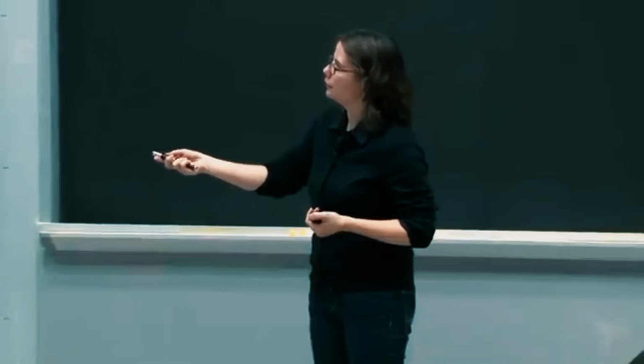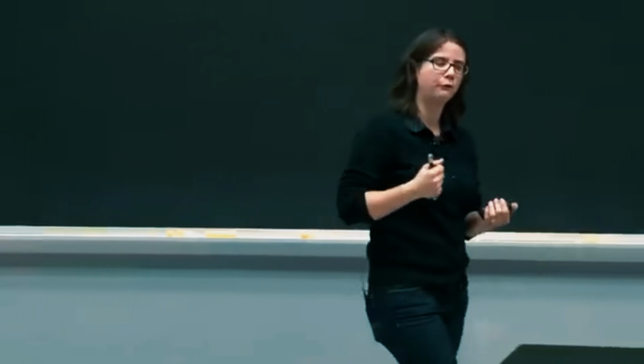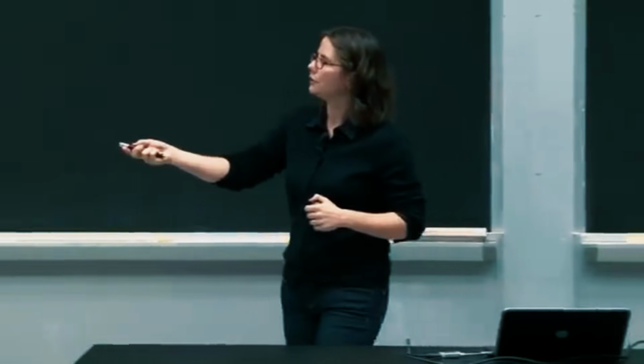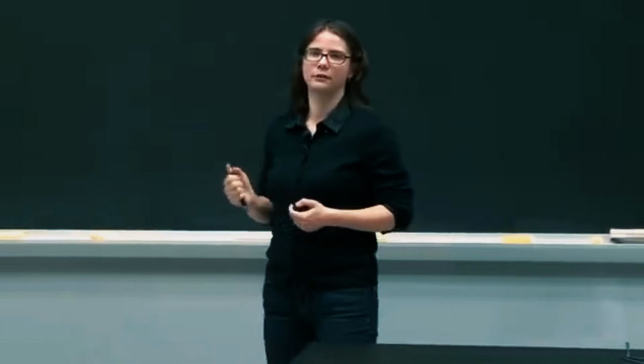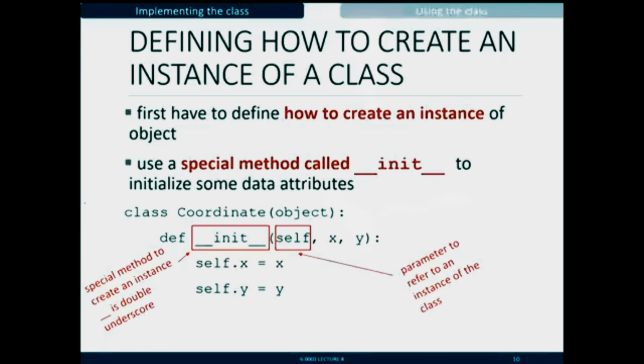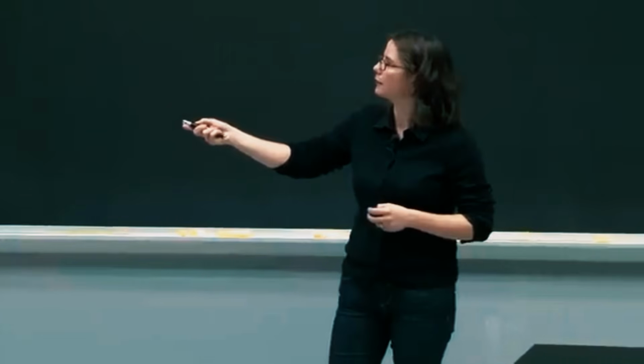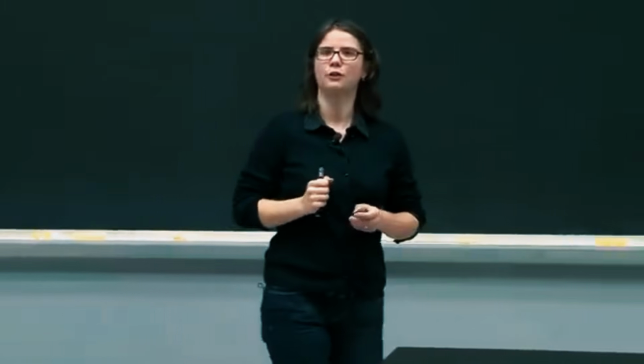In the definition of the class, whenever you want to refer to attributes that belong to an instance, you have to use self dot, so this dot notation. The dot says, look for a data attribute x that belongs to this class. For methods that belong to the class, the first parameter is always going to be self.